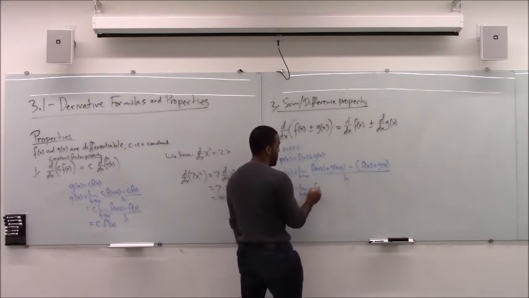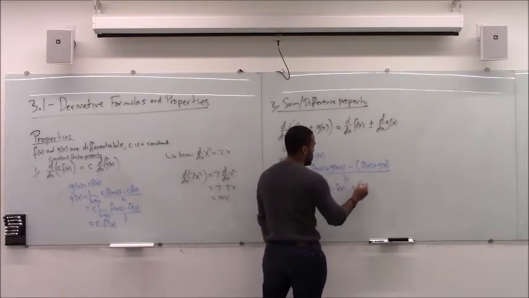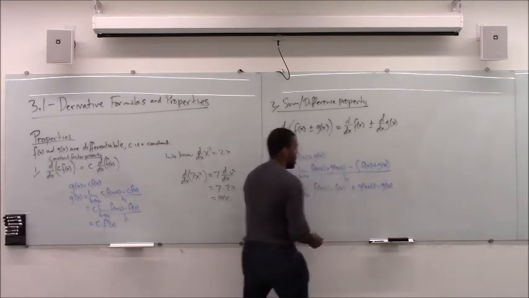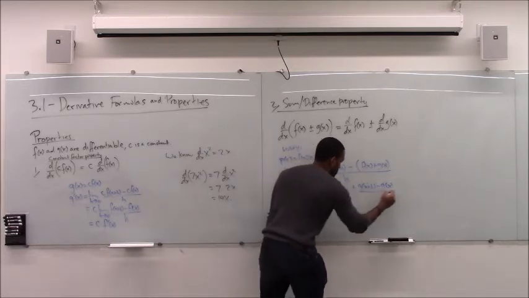What I can do here is group the f's and group the g's. And because it's a fraction over h, I can just divide each part by h.